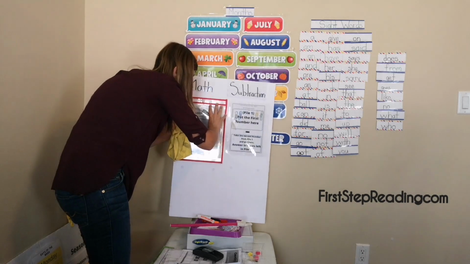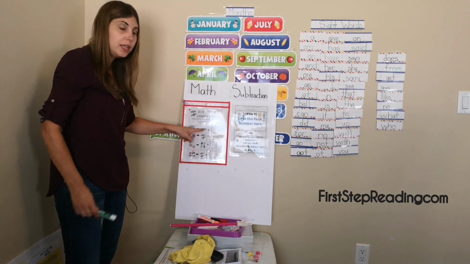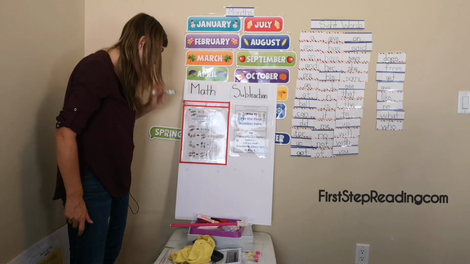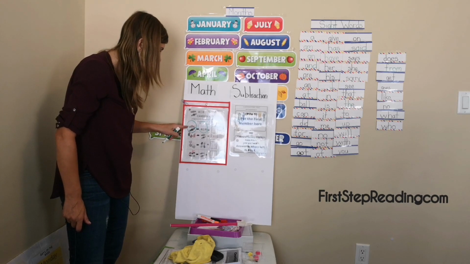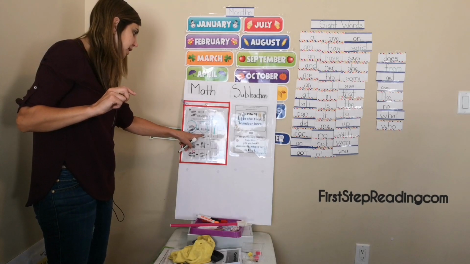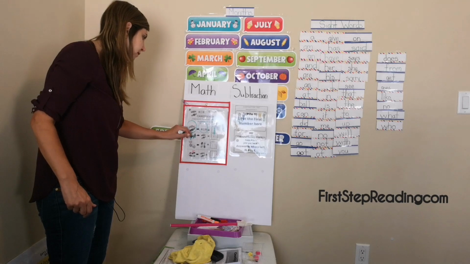So we have 2 candies. I eat 1. This tells me how many are leaving. So I cross 1 off. How many are left on this side? 1. I have 3 candies and I eat how many? 2. How many are left?